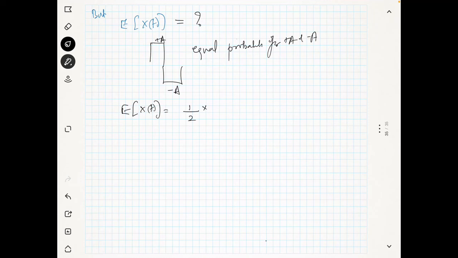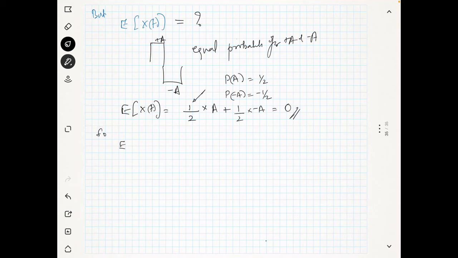So half into a plus half into minus a, that means this is equal to 0. So the expected value of x of t is equal to 0.